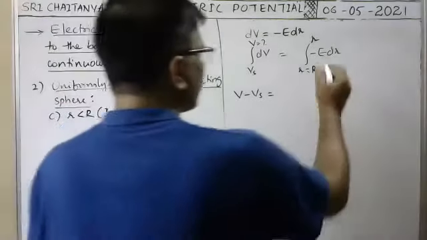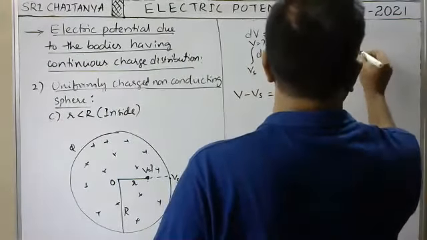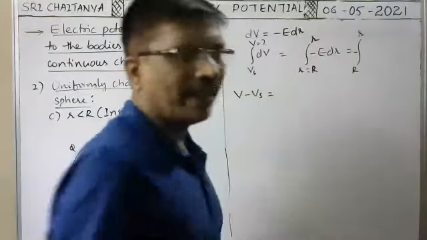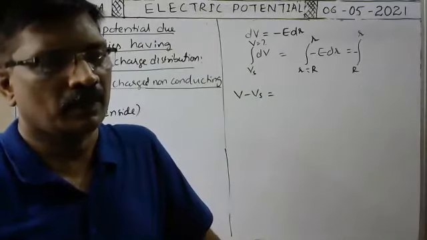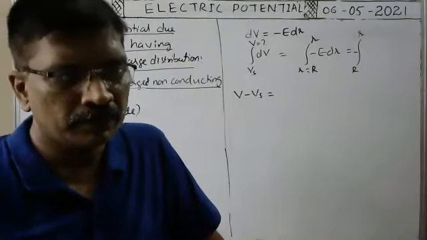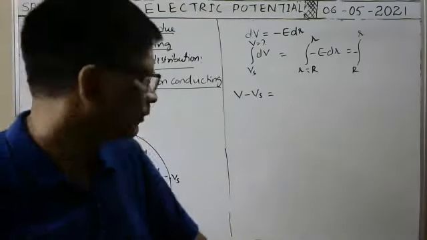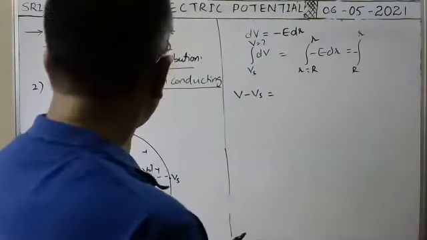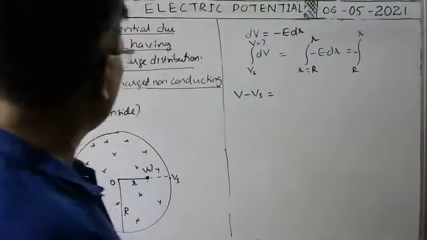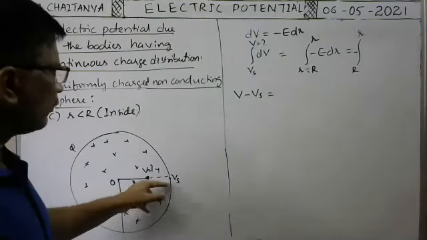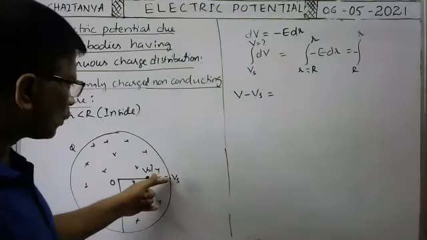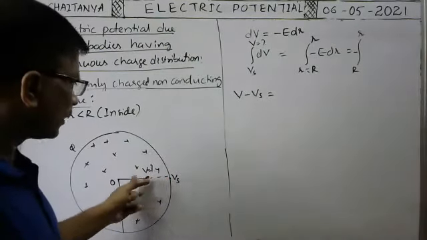At any point inside, what is the formula for intensity of electric field? Minus, you write the integral outside, from capital R to small r. E means at any point inside the non-conducting sphere, what is the formula? This distance, capital R minus small r, we do not need, because the intensity of electric field is not uniform while moving the unit positive charge from this point to this point.